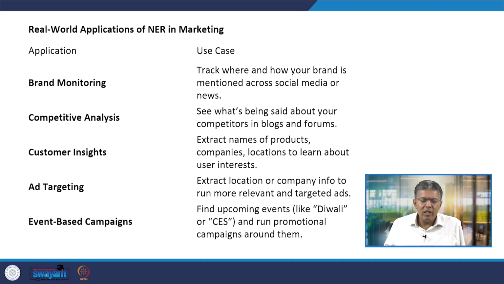Then see what is being said about your competitors. In blogs and forums, people might be liking your competitors equally for their better products or better price, and those things are important for us. Extract the names of the products, companies, locations to learn about user interests, right. And then it extracts location or company information to run more relevant and targeted ads.